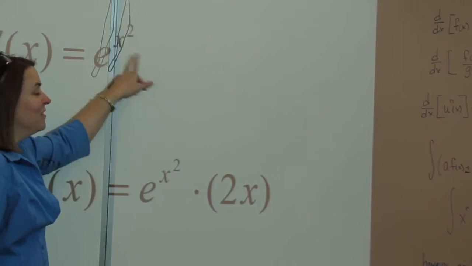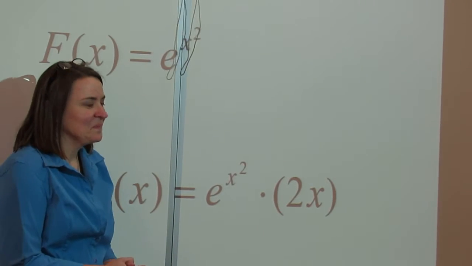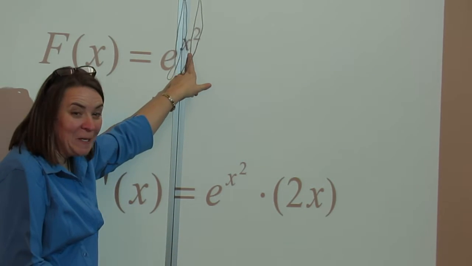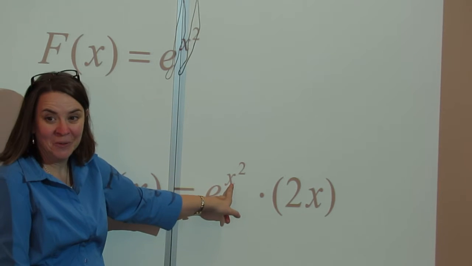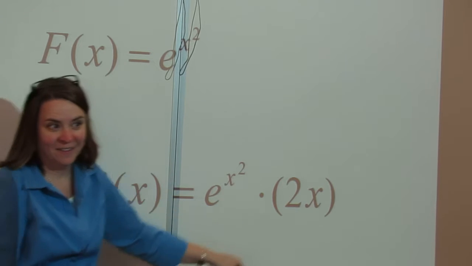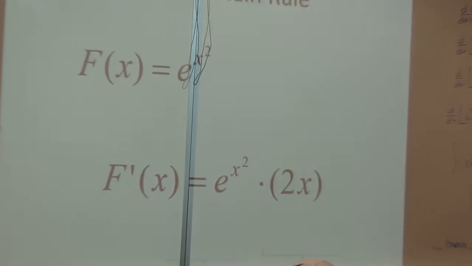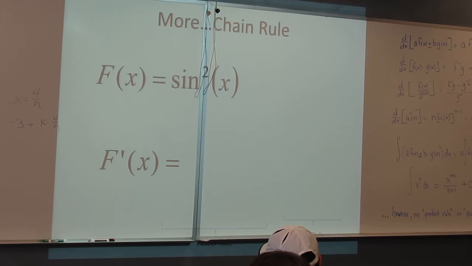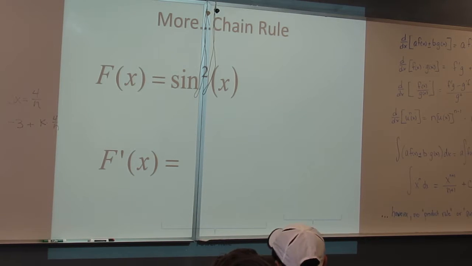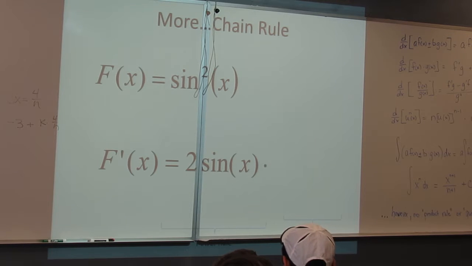But we need the derivative of the exponent, chain rule. This is e to the u, where u is x squared. E to the u and u prime. Familiar? We're still differentiating. There it is. Power rule and then chain rule.